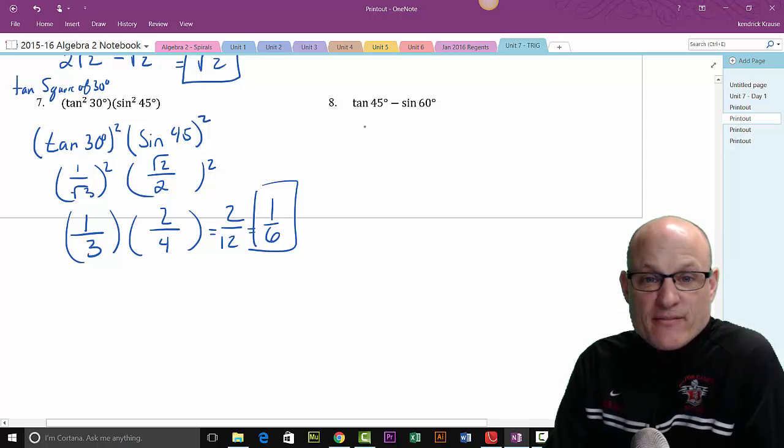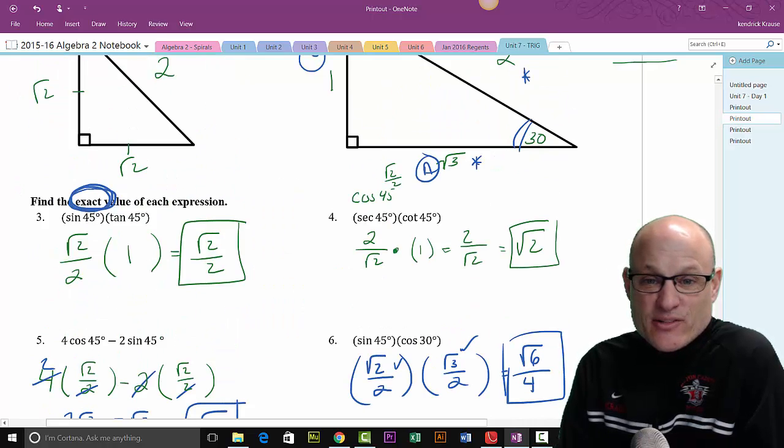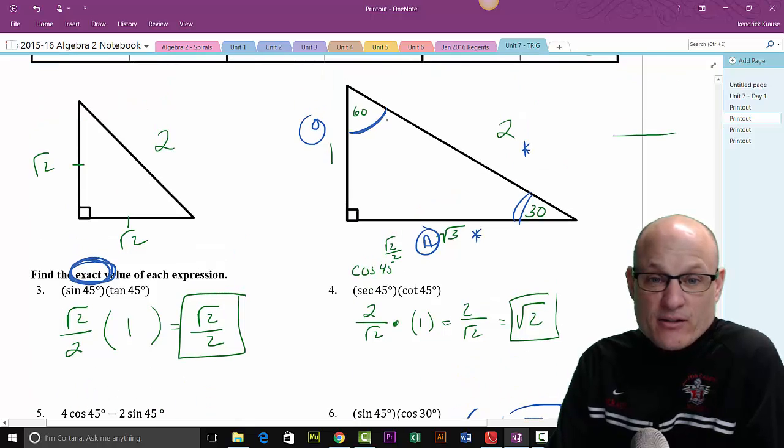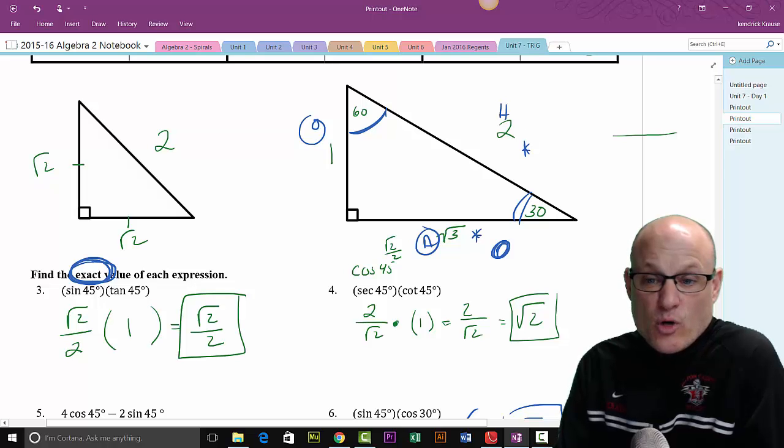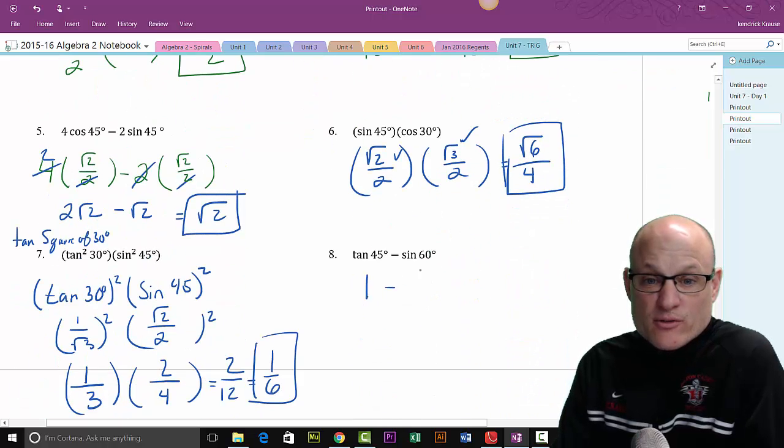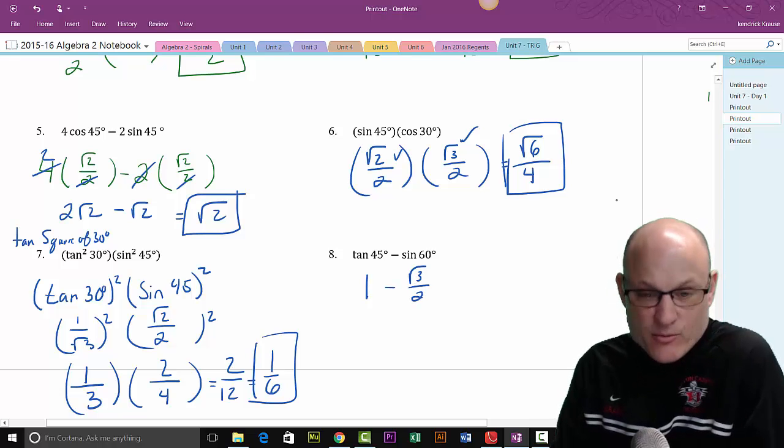Tangent of 45, if you look above, that's the square root of 2 over the square root of 2, which is just 1, minus the sine of 60. Let me go look at the sine of 60. If we're talking about this angle, this is opposite, and this is hypotenuse. So 1 minus the square root of 3 over 2. Oh, crap. We got some work to do.